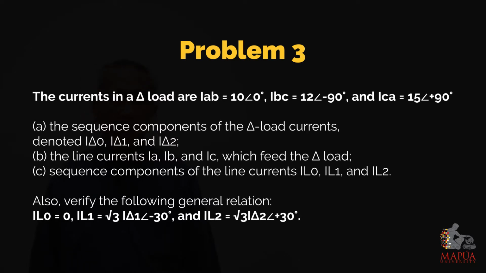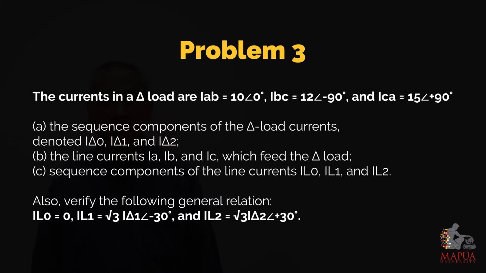We need to calculate A, the sequence components of the delta load currents denoted by I delta 0, I delta 1, I delta 2; B, the line currents IA, IB, IC which feed the delta load; and C, the sequence currents of the line currents IL0, IL1, and IL2.